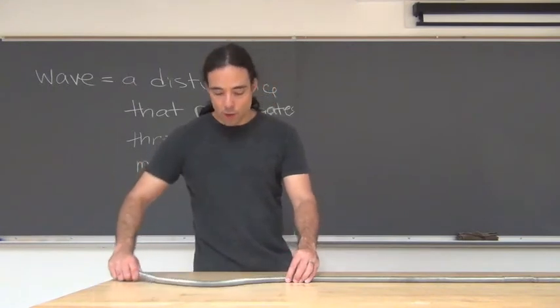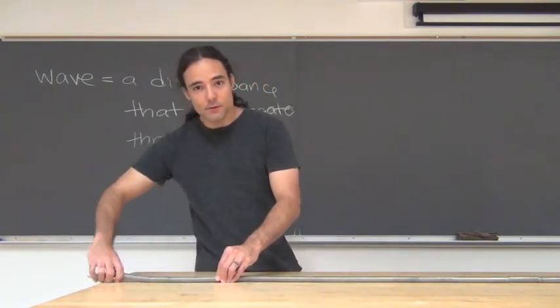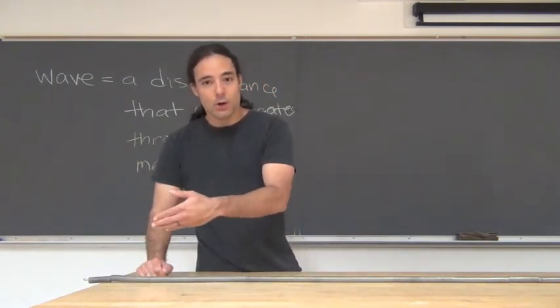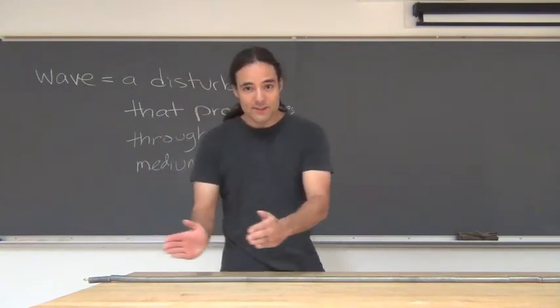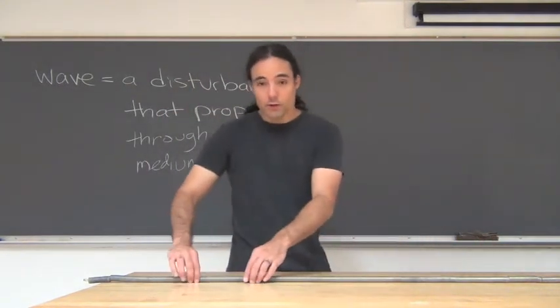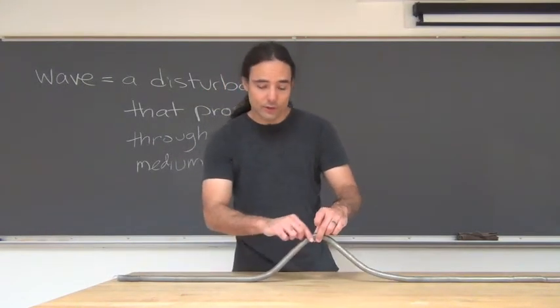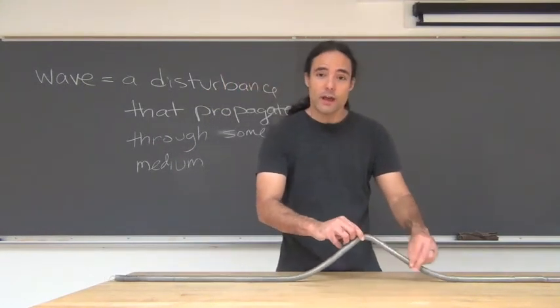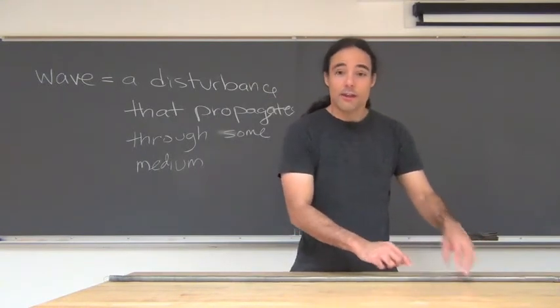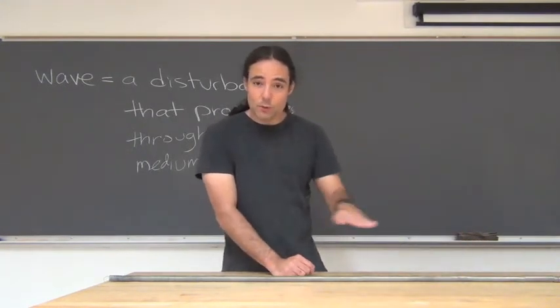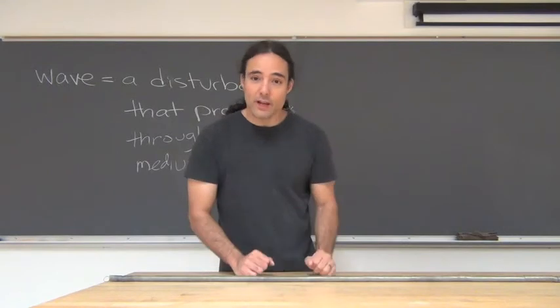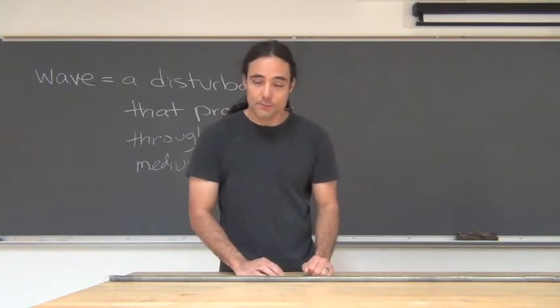When I make my wave go, I'm jerking the spring up and down vertically, but the wave itself is moving horizontally. So as I create this wave motion, the particles in the spring are moving up and down, but the wave is moving left and right. That is what I mean by a transverse wave.